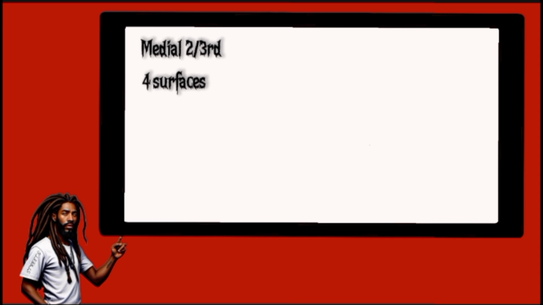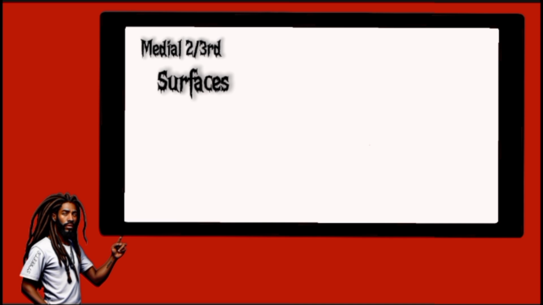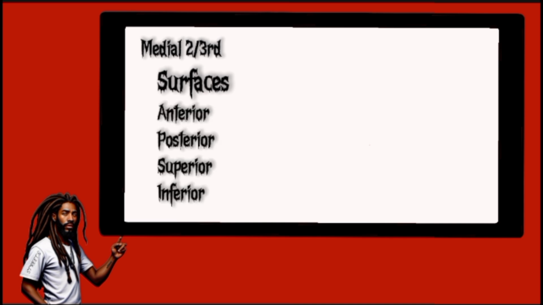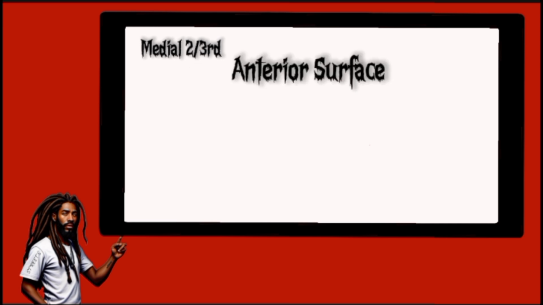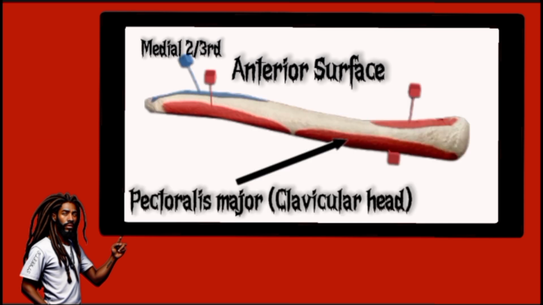These four surfaces give it a cylindrical or quadrilateral shape. The four surfaces are anterior, posterior, superior and inferior. Now the anterior surface is convex forward. What that means is that it bends to the front. This surface gives attachment to the clavicular head of pectoralis major, that is the head of pectoralis major that is attached to the clavicle.